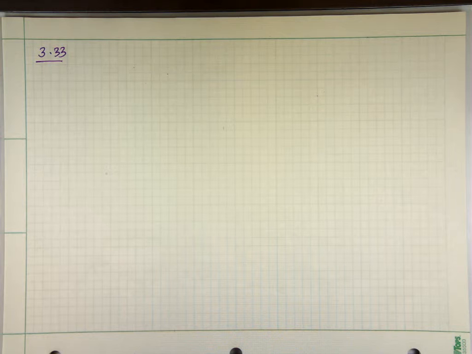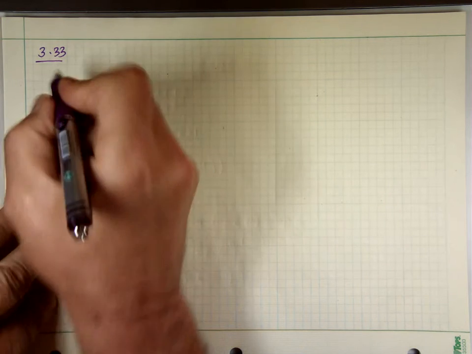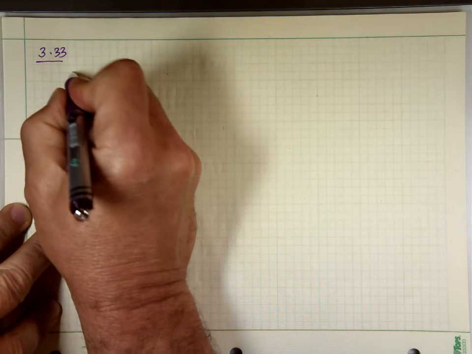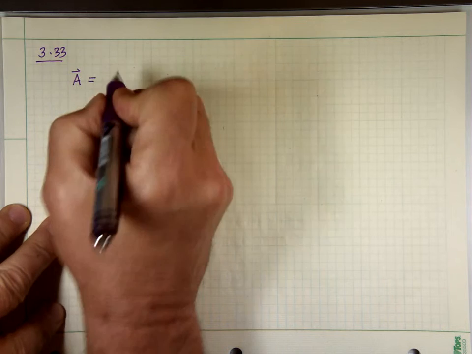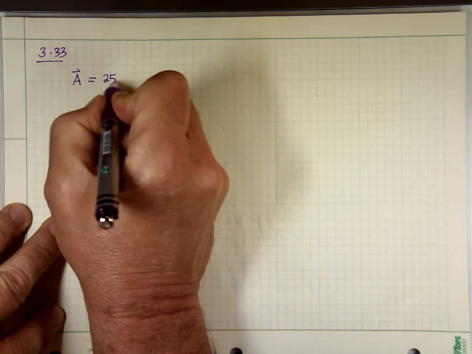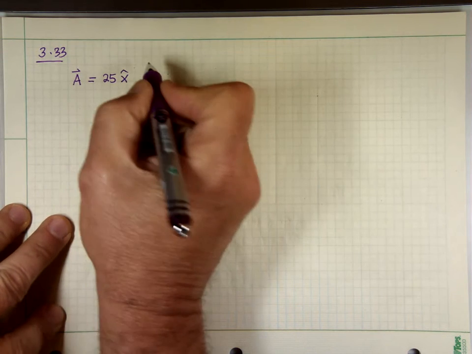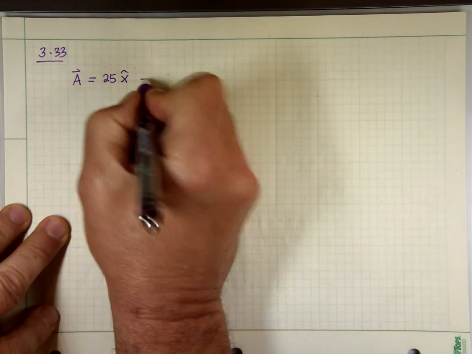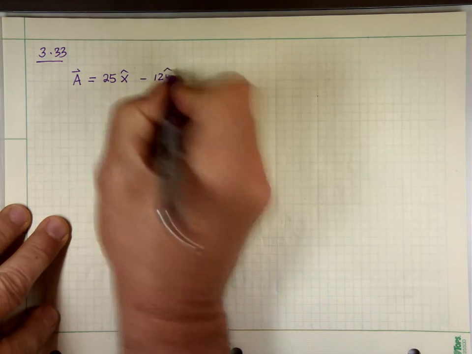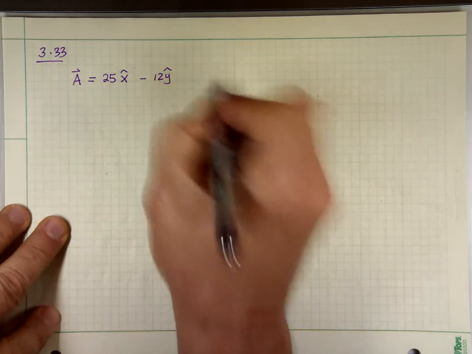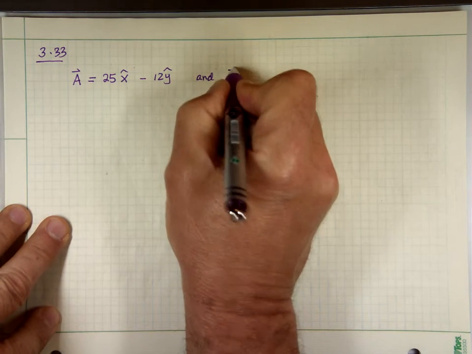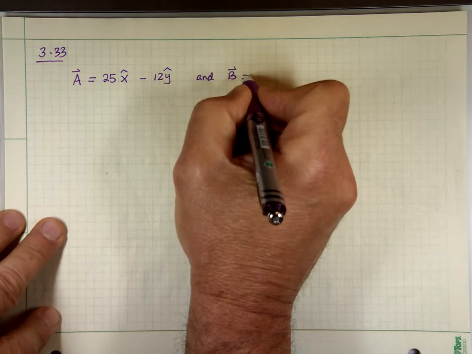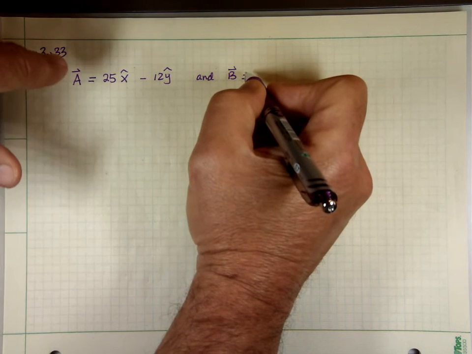Actually, this one, they're nice to us. They said, given A, they already gave you the x and the y value. Given A to be 25 in the x direction, minus 12 in the y direction, and vector B has, I don't know if it's 2 or 20, I can't really tell.